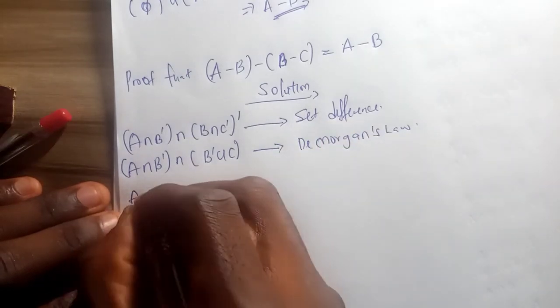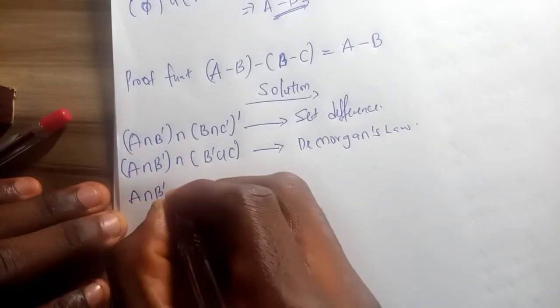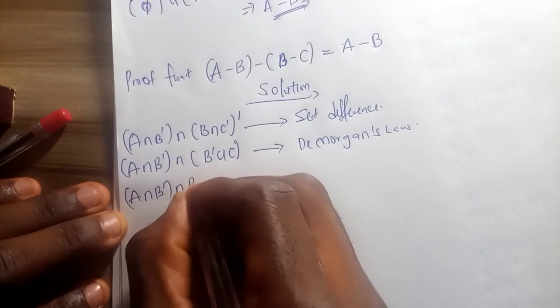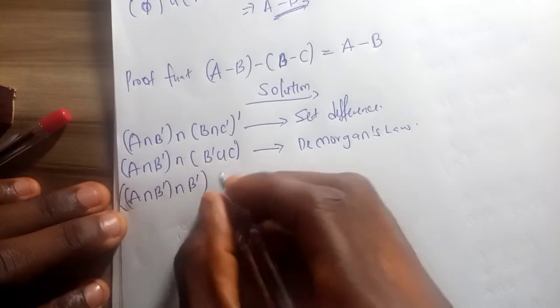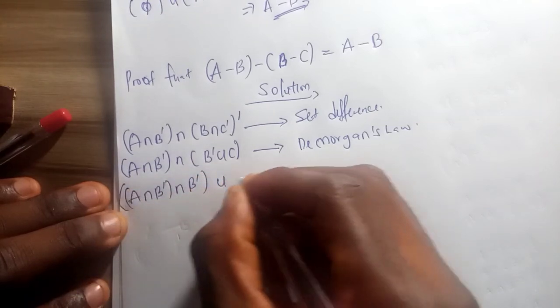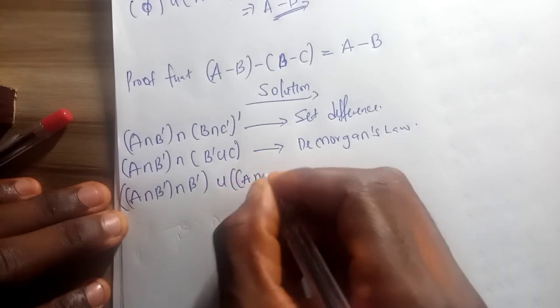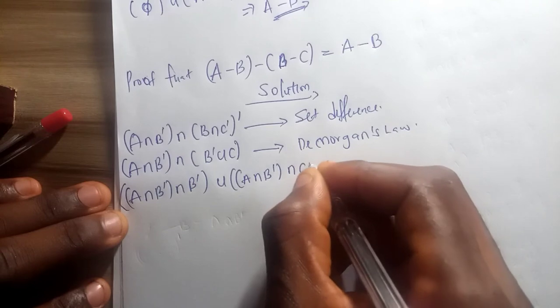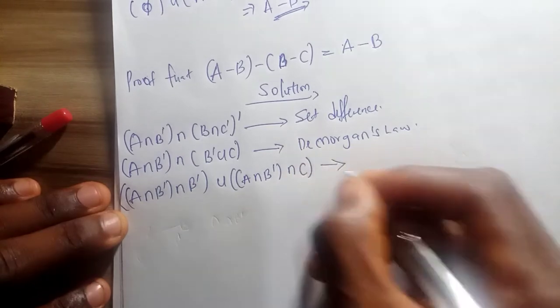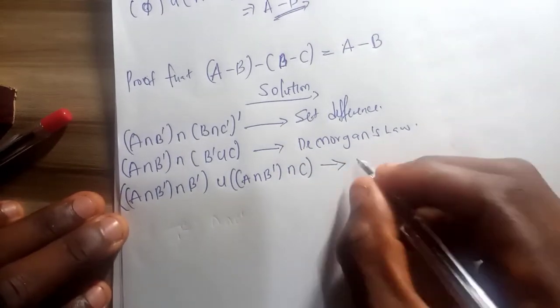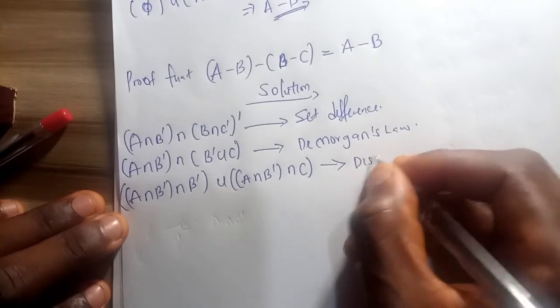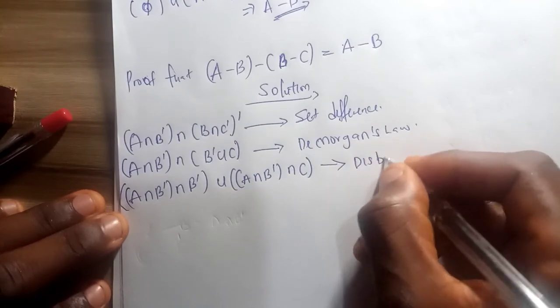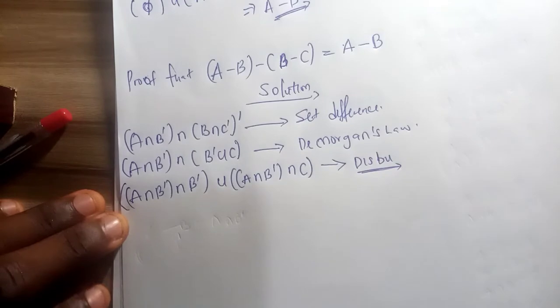So we have A intersect B prime intersect B prime again, then union A intersect B prime intersect C. Okay, then that will give us what? We use distributive law there.